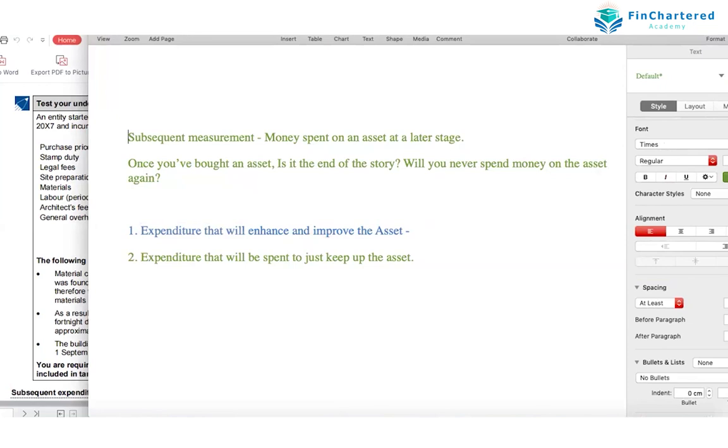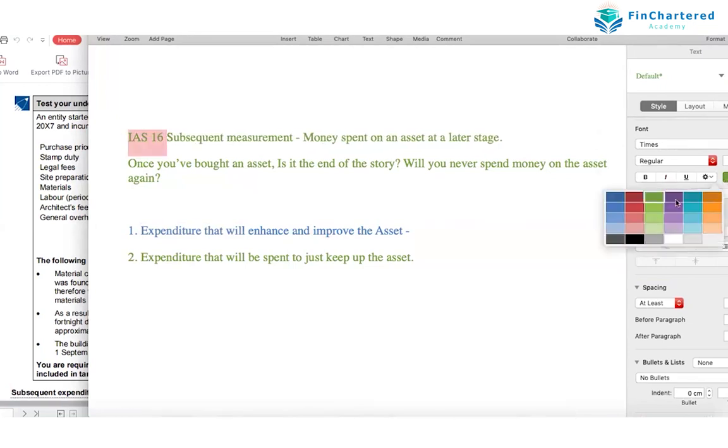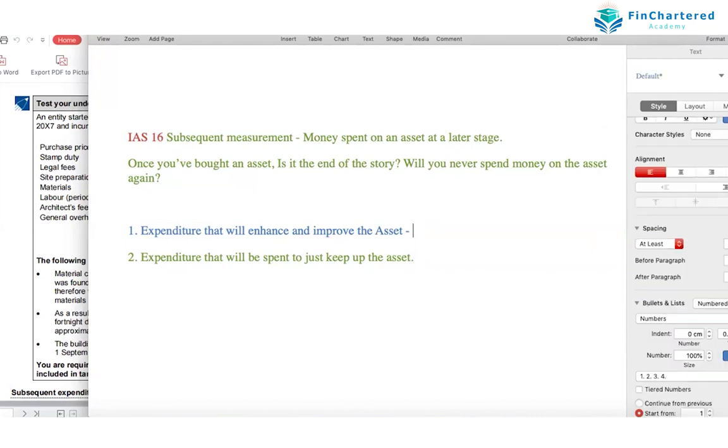So again, even for subsequent measurement, your best friend IAS 16 is telling you that if it is enhancing and improving the asset, you will capitalize. And if it is just maintaining it, will you capitalize? No, not capitalized. That is it.